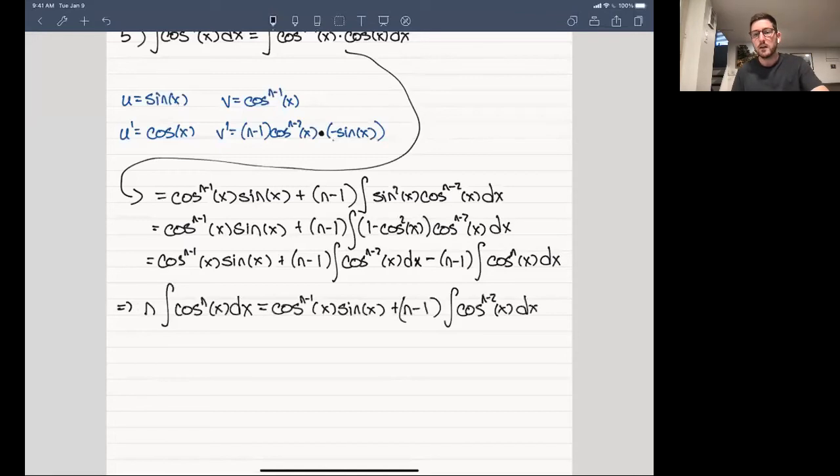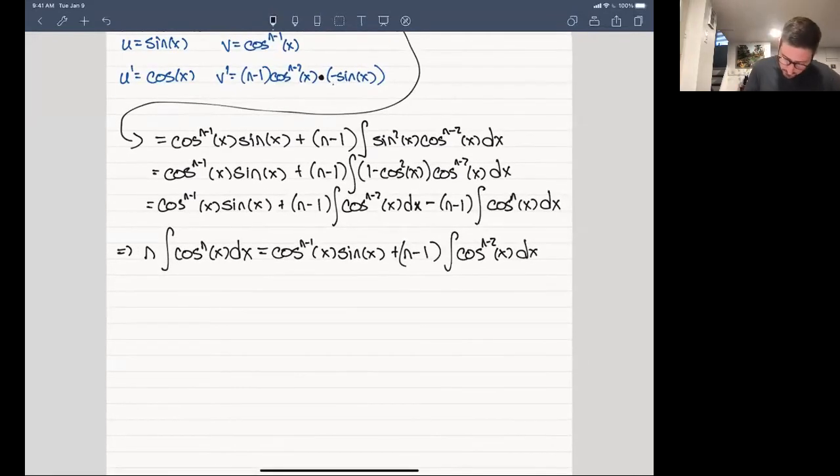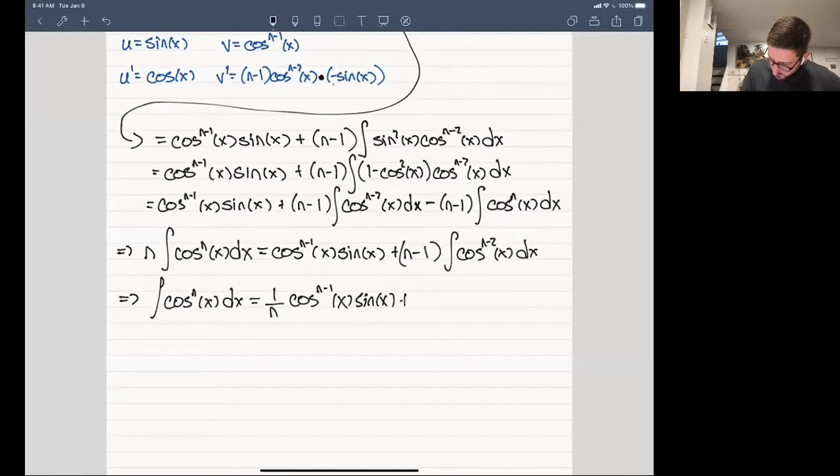And finally, we can divide off the n to get the integral of cos of n of x dx is equal to 1 over n. Again, n is just a constant, so it's not really doing much here. It's just a number that's being divided off. Sine of x times cos n minus 1, plus n minus 1 over n, the integral of cos of n minus 2 of x dx.